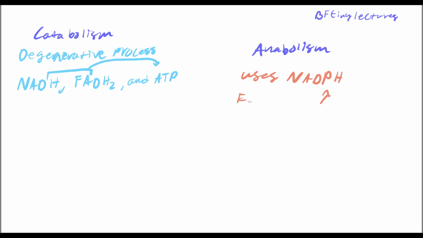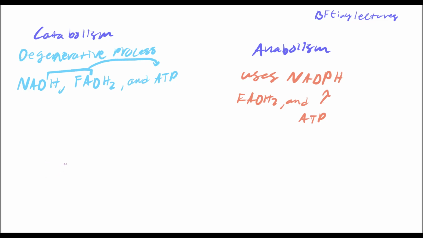It also uses FADH2, and ATP. Okay, so that's all you really have to know for the big picture, right? So you should know that catabolism is a degenerative process, and it creates NADH, FADH2, and ATP. Anabolism creates molecules, okay, because it's a regenerative process, and it uses up the NADPH that does some other reactions to become the phosphate, and it uses FADH2 and ATP.